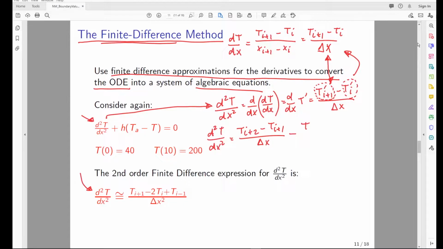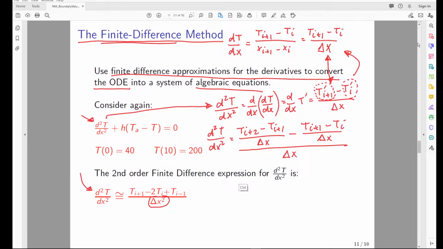This one is just the same, T_{i+1} minus T_i all over delta x. And then I need this one right here, all over delta x. All right, so now we can hopefully see kind of where this delta x squared comes from.